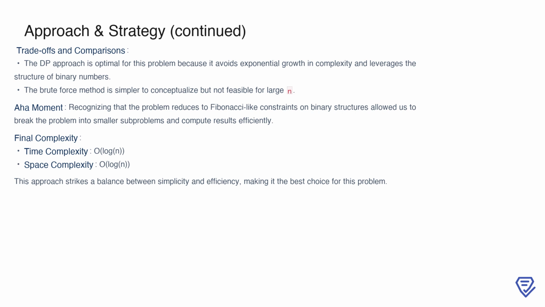The key insight, or the aha moment, came from recognizing that the constraints of the problem align with a Fibonacci recurrence. This allowed us to break the problem into smaller, manageable subproblems and compute the result efficiently. The final time complexity of O(log n) and space complexity of O(log n) make this approach both elegant and performant. By balancing simplicity with efficiency, this strategy is the best choice for solving the problem within the given constraints.